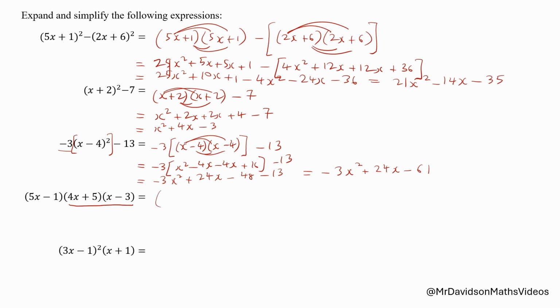So 5x minus 1 times, I'll put those into square brackets, I'll just do the expansion in here, 4x times x, which will give me 4x squared, 4x times minus 3 is minus 12x, plus 5x, minus 15.